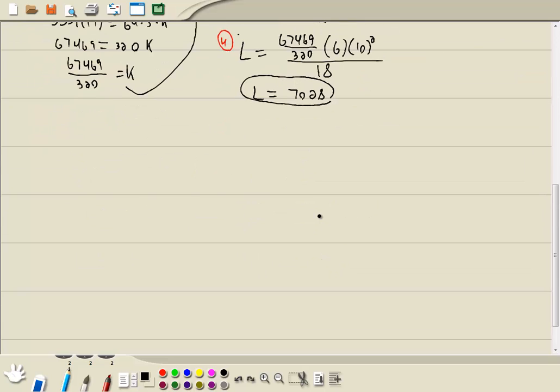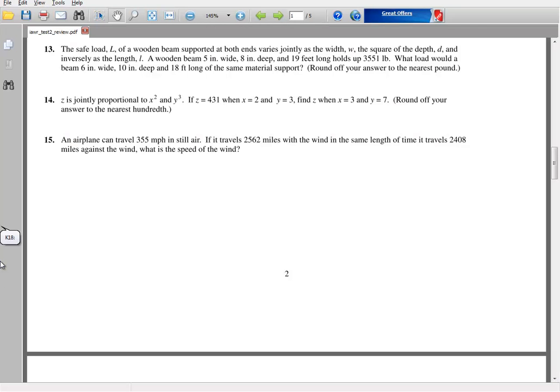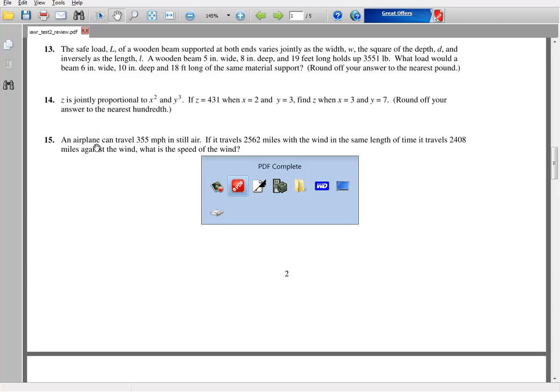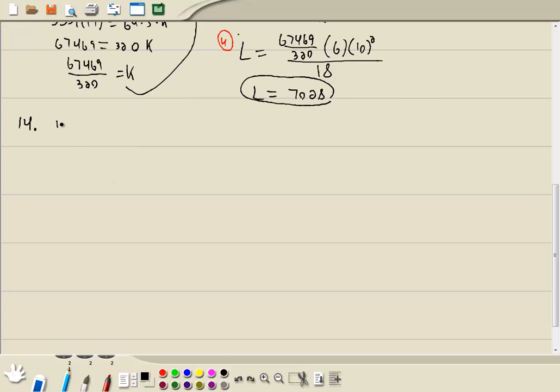Okay, let's look at 14. Z is jointly proportional. Now it doesn't say variation, but proportional is another word for variation. And it says joint. So it's a variation problem. Our first step, determine type, and it tells us joint.